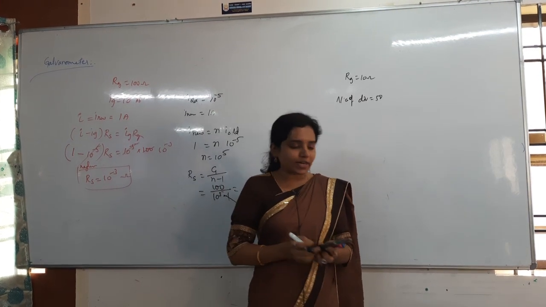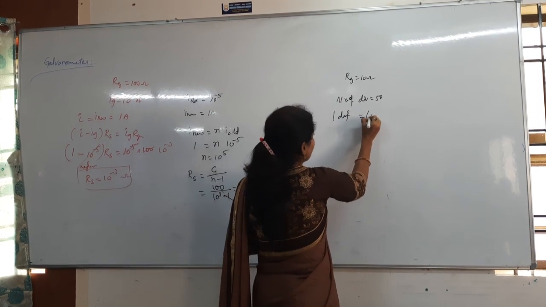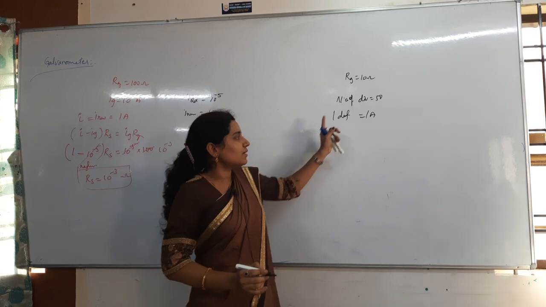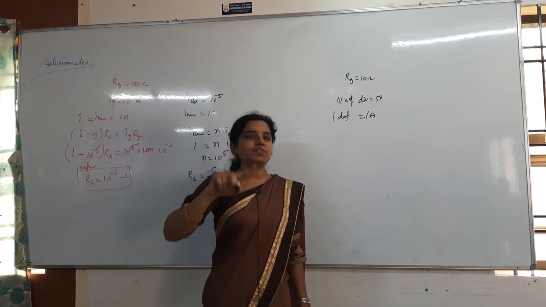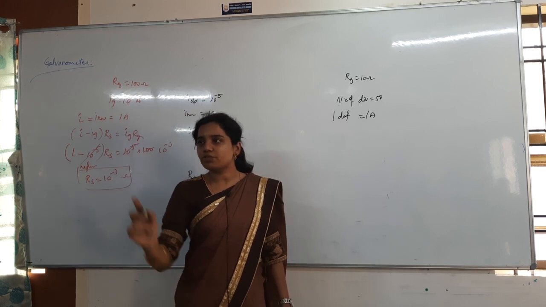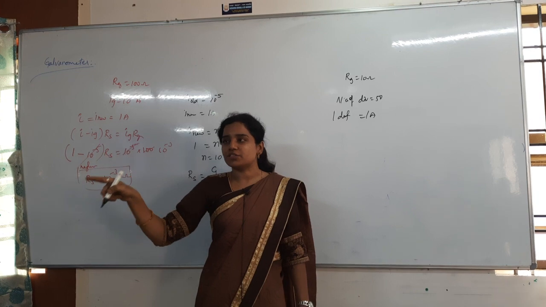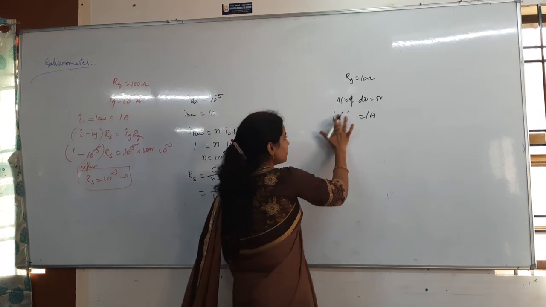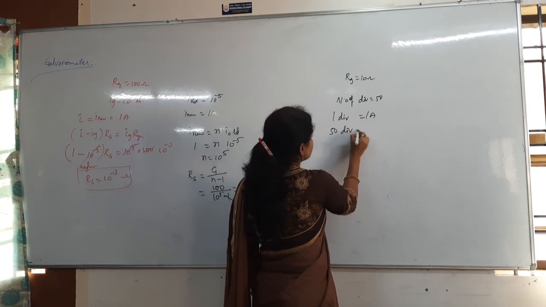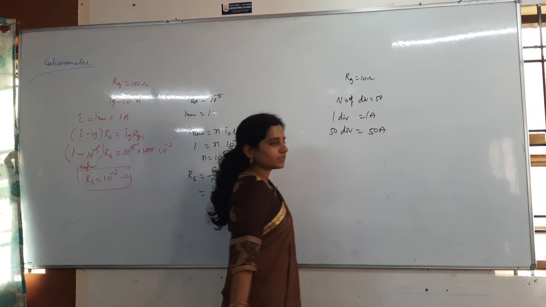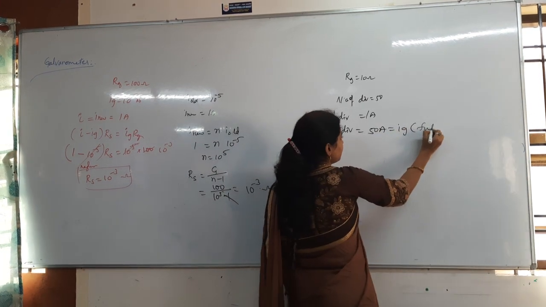How many divisions are there? 50 divisions. 1 division 1 ampere, 50 divisions 50 amperes. That's it. Full scale deflection. So Ig is the full scale deflection also, they will say. 1 division is 1 ampere, then 50 divisions is 50 amperes. That's it, finished. This is the Ig value, the full scale deflection.